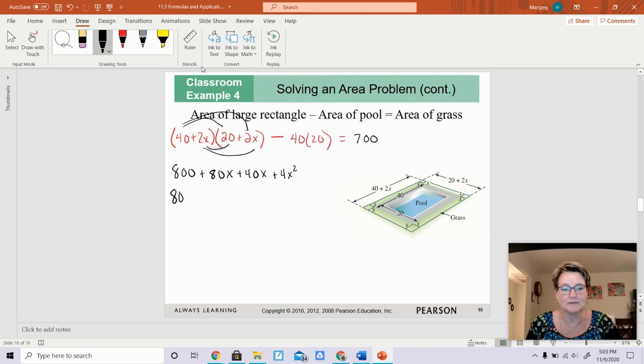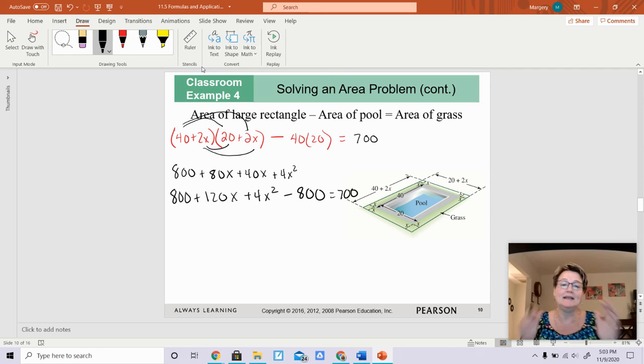Combine like terms, and you get 120x, plus 4x squared, minus 800 equals 700. Now, if you notice this, you've got to clean up one side of the equation before you start moving anything. That 800 minus this 800 means that they're gone, so you're left with 4x squared plus 120x.